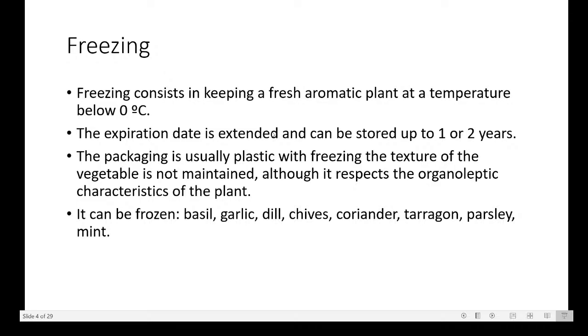What kind of plants can we keep below 0 degree Celsius? That is garlic, coriander, basil, mint. These are also favorable for below 0 degree Celsius.